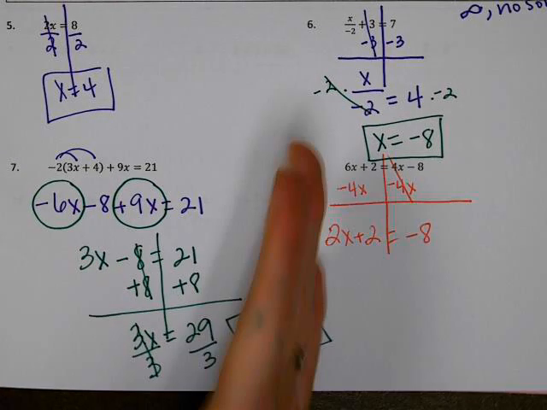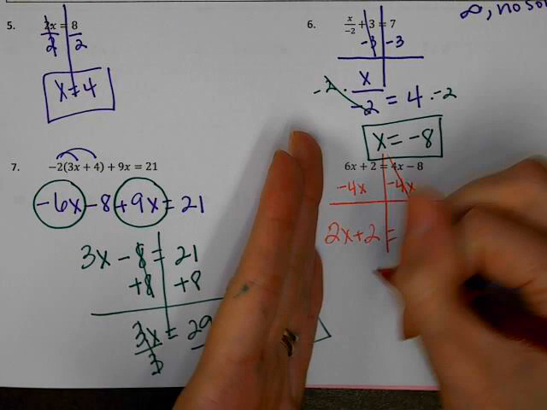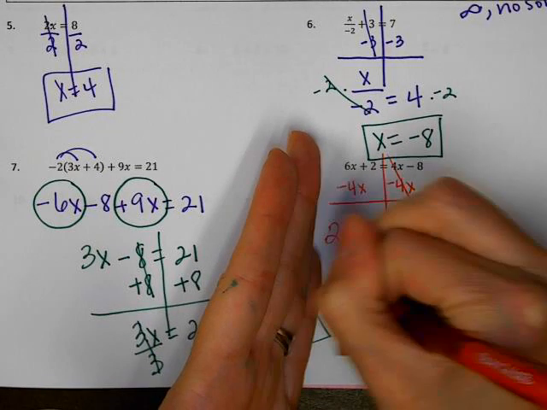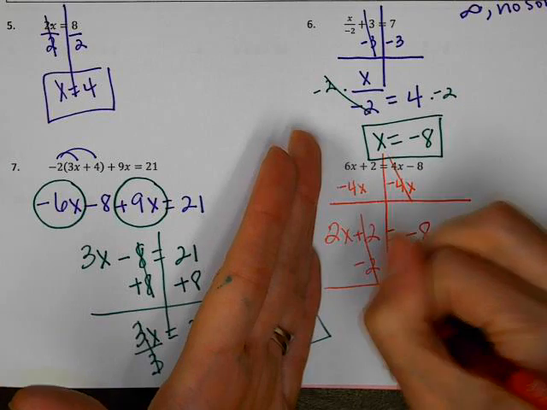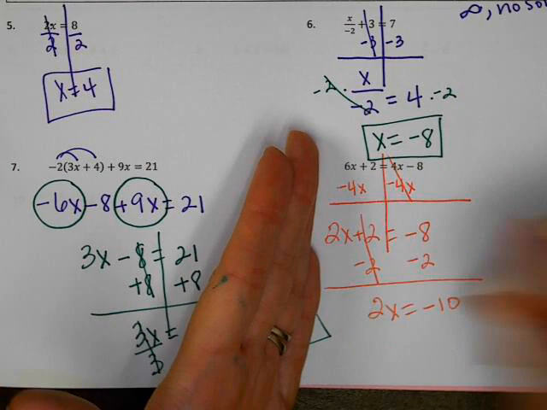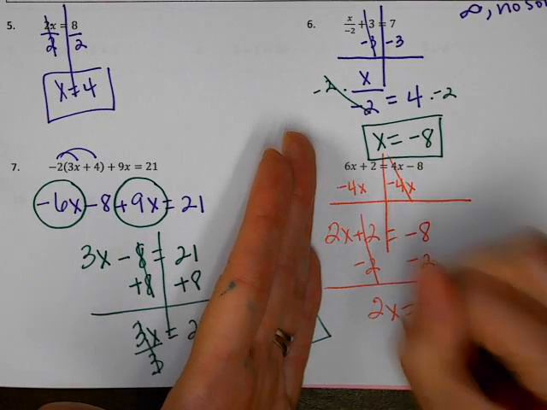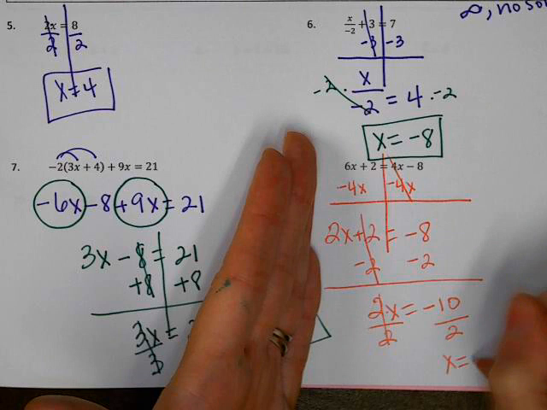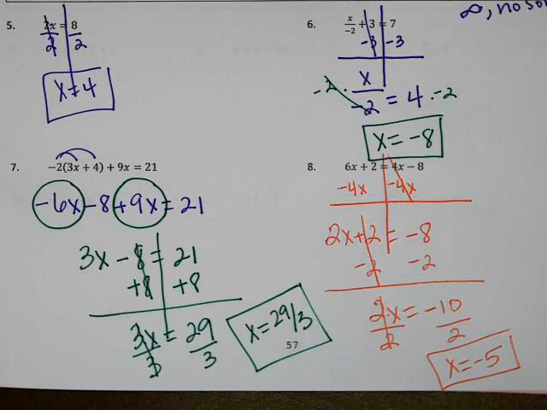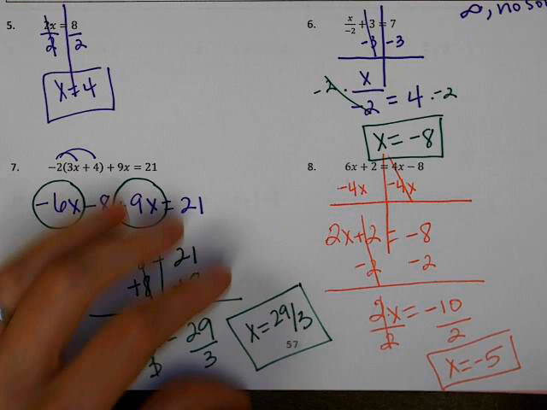But if the x's are on the left, then we need to subtract the 2 to the right. And now we have 2x equals negative 10. And then to undo multiplying, we divide. So this one ends up being negative 5. Okay, so that was a review of solving equations.